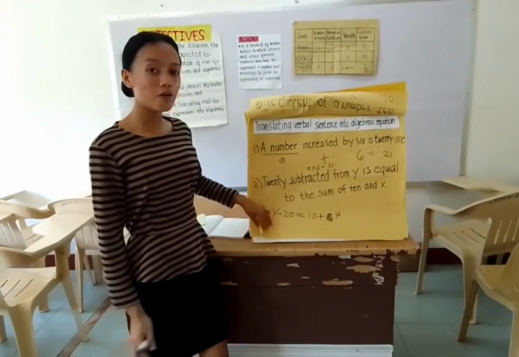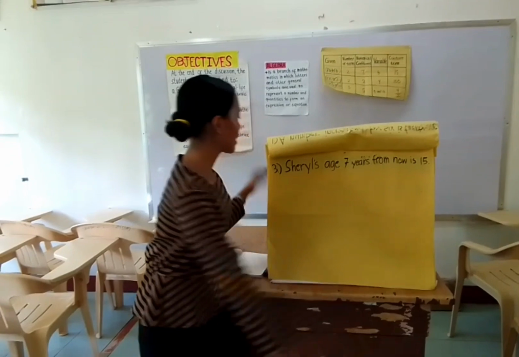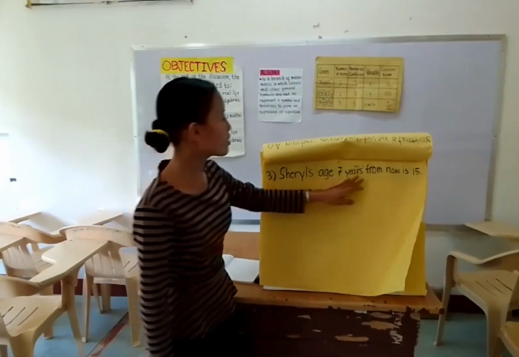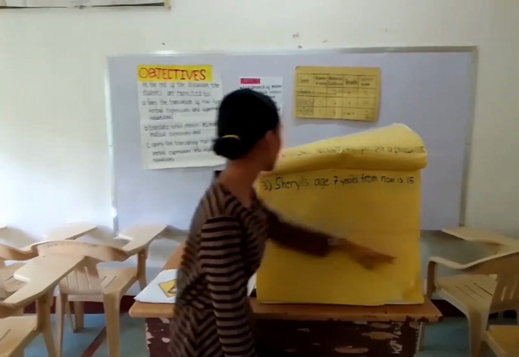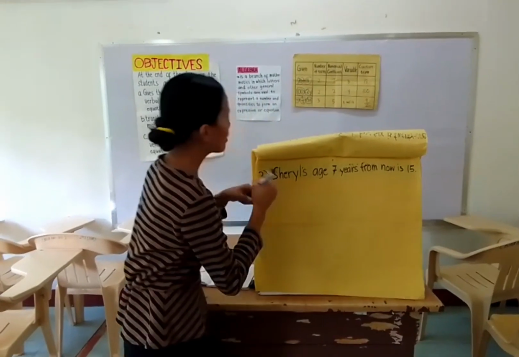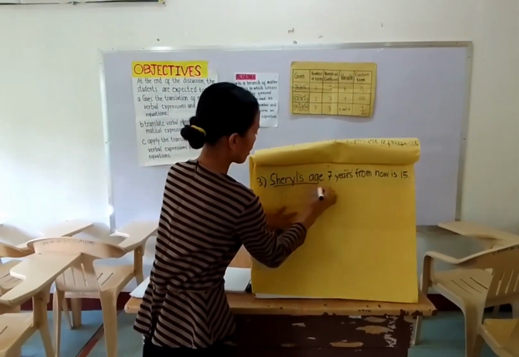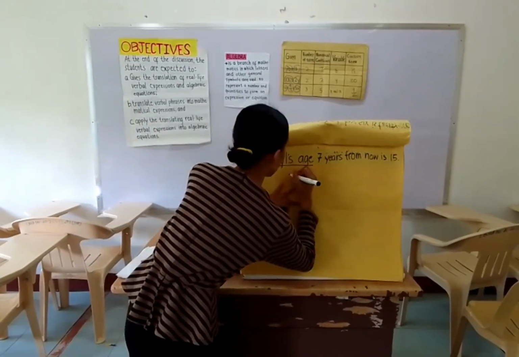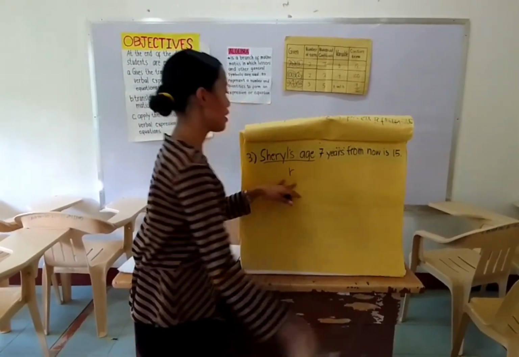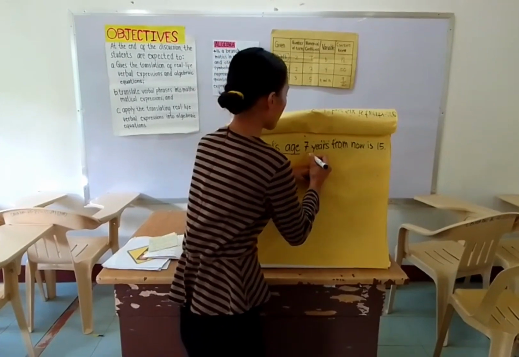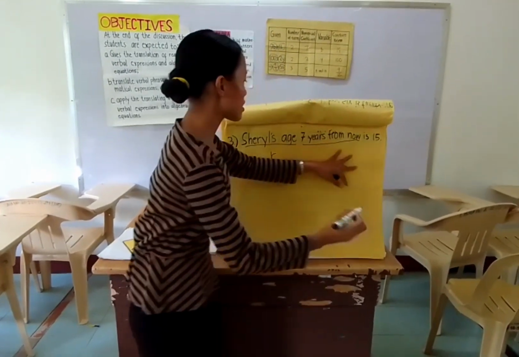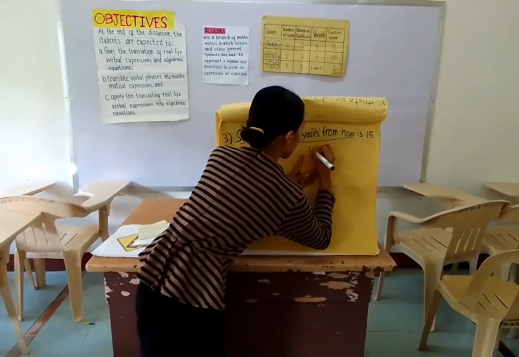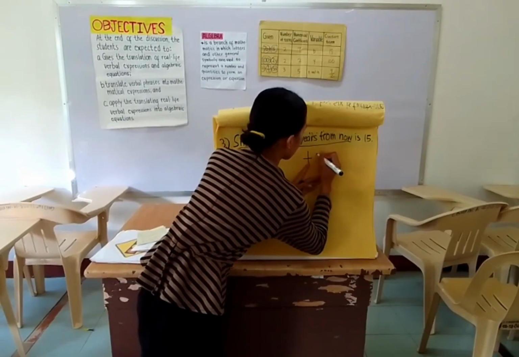Okay, next is Cheryl's age 7 years from now is 15. Cheryl's age is represented as a variable. We are going to write the letter R. So 7 years from now, we are going to write plus and the number 7.